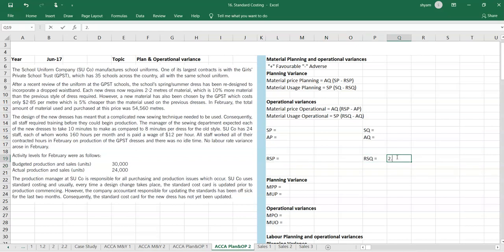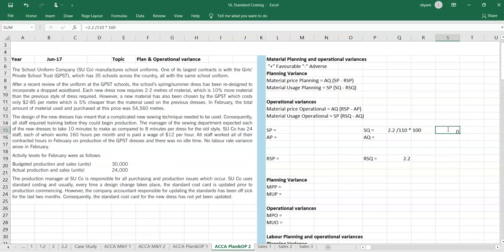So RSQ is 2.2. The original standard was not 2.2, because the 2.2 represents 10% more material. That means 110 is the material currently, and normally it would be only 100% of material. So if we solve, we'll get the answer.